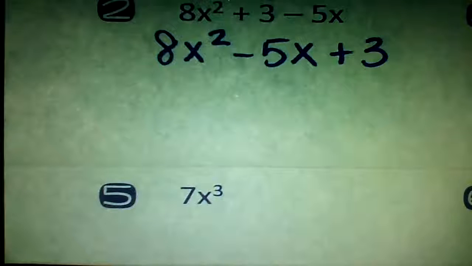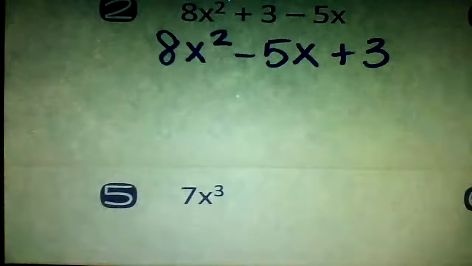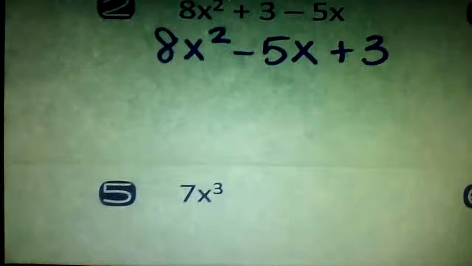Is it a quadratic? No, is it a cubic? No, it's not. Where do you see an x cubed? Oh, no. It's x squared. X squared is my highest degree, so this is a quadratic. And it's a trinomial.